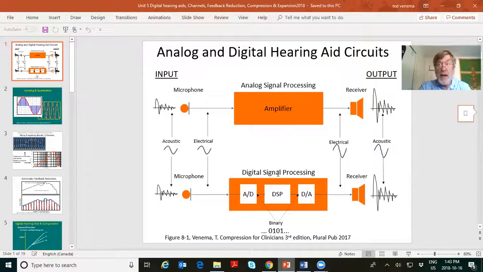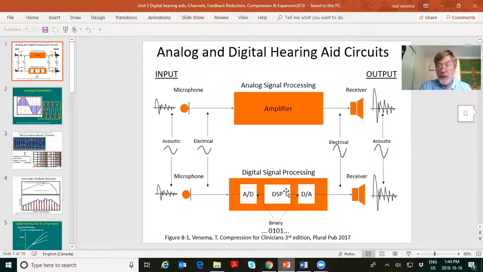And when you've got math, you can do anything you want. Everything is now formulas. Everything's equations. It's statistics. It's math. And so the math and the number crunching is taking place in the DSP, the digital signal processor. That's the heart of the hearing aid.